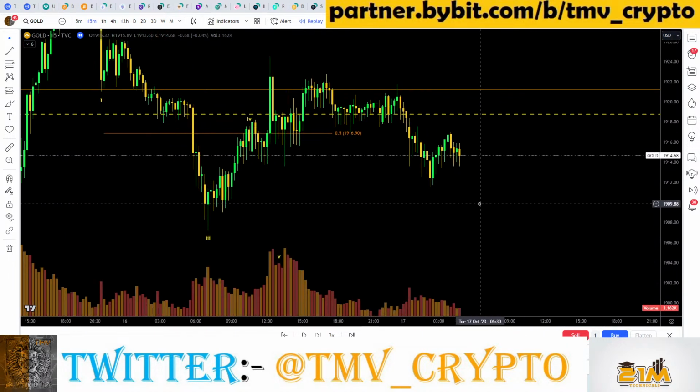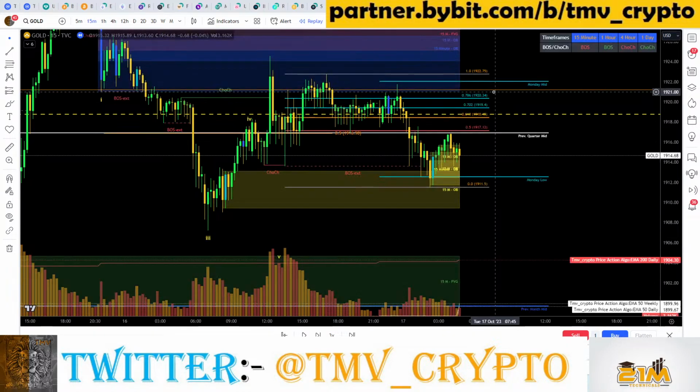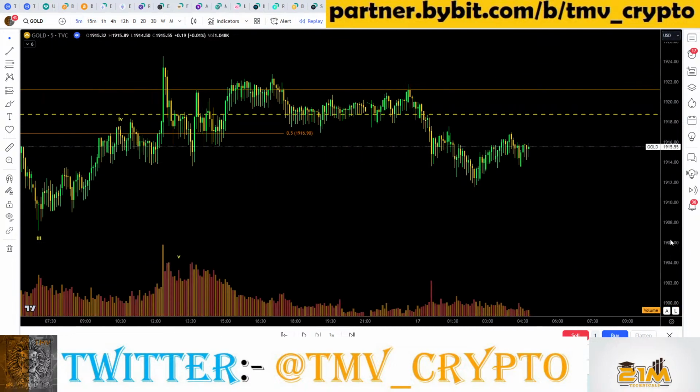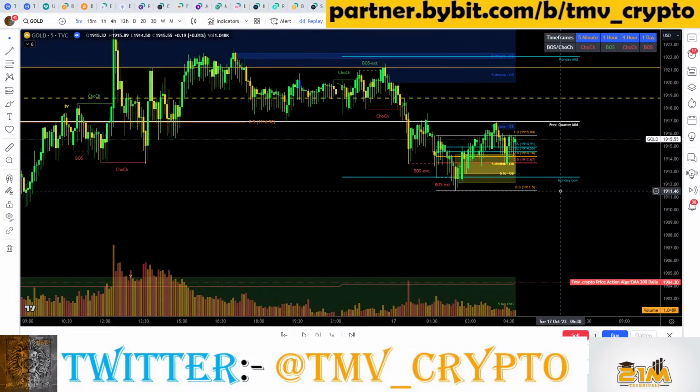So basically, pennants are a really good sign, and it's really important for you guys to understand that when you have a pennant kind of structure, the pennant gives you a sign that the market is going to reverse. That's why I have built the pennant over here.